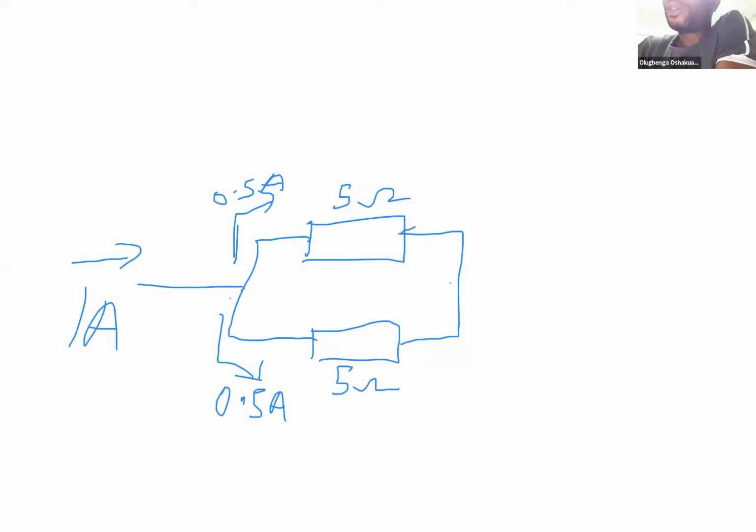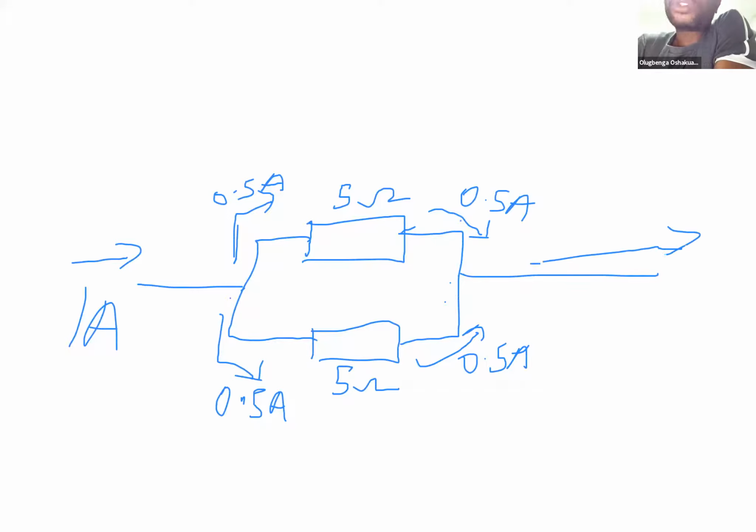The same 0.5 will flow out, but when they get to this junction, they will continue their journey as a current of 1 ampere.